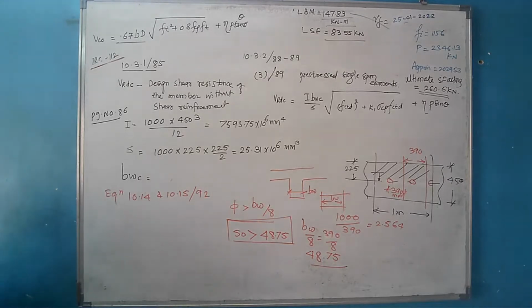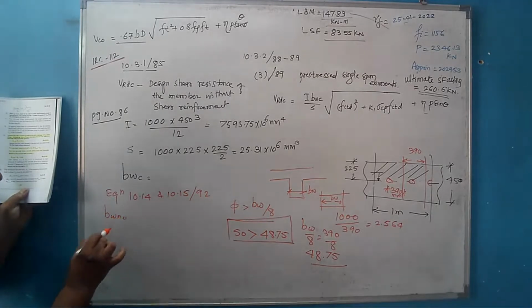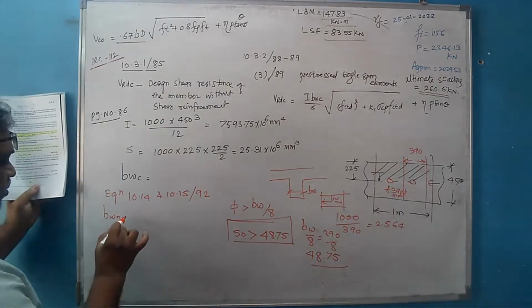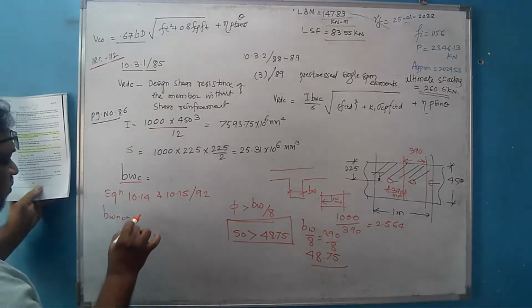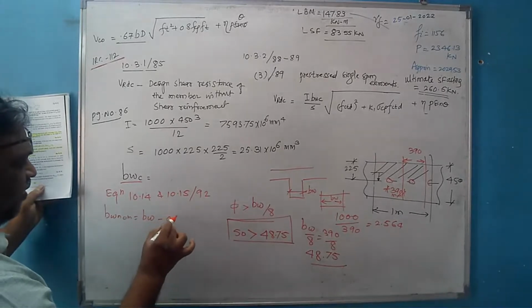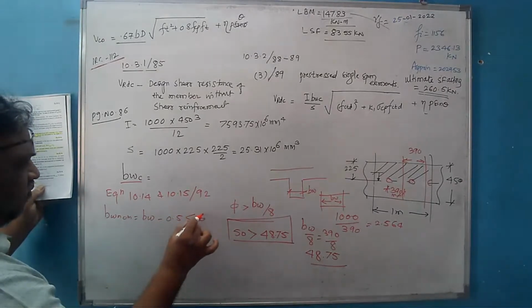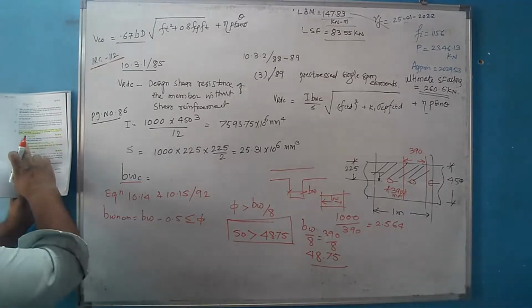अब डिडक्शन कैसे कंसीडर करना चाहिए? तो फॉर दैट हियर आर द गाइडलाइंस. व्हाट इज वन? BW nominal, that is nothing but this BWC will be equal to BW minus 0.5 summation of diameters. ये कब है?